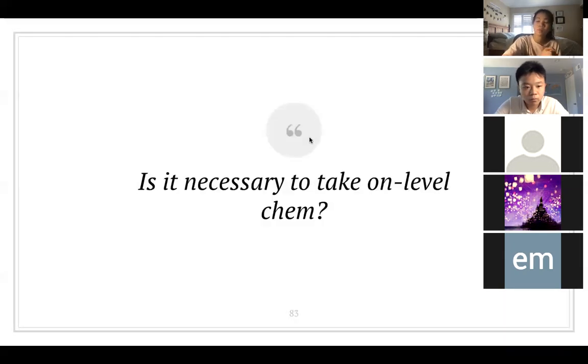So is it necessary to take on-level chem? Absolutely. I really would recommend that you take the on-level first and then go straight into AP Chem. At the same time, I would say AP Chem would be better saved for senior year instead of junior.